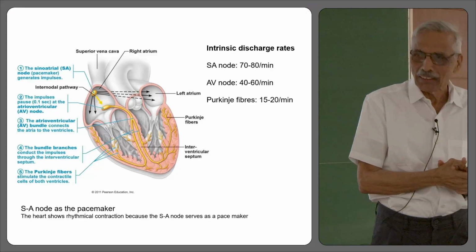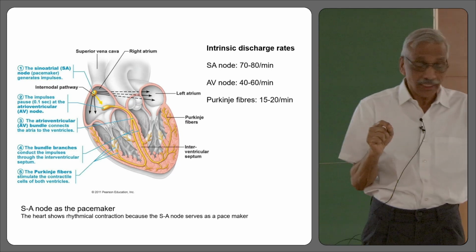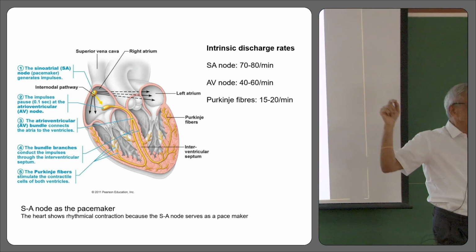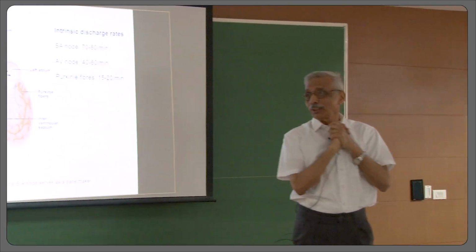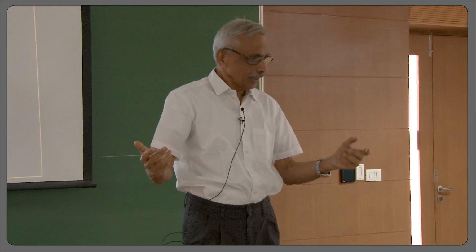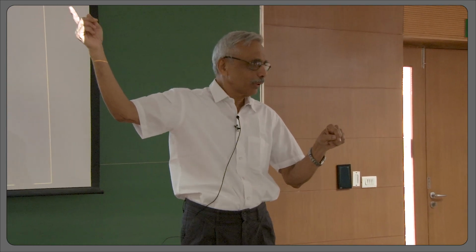So we'll kill a rat, and in the earlier experiment, we had removed a tiny tissue from the SA node. Now this time, I'll have 3 petri dishes, A, B, C. In A, I'll put a tiny tissue taken from the SA node.